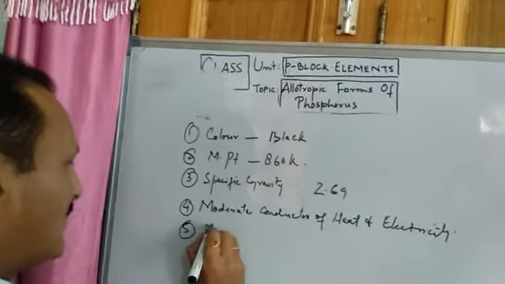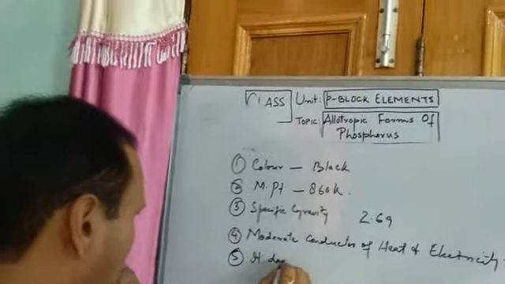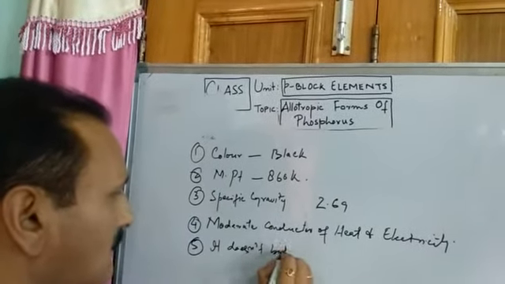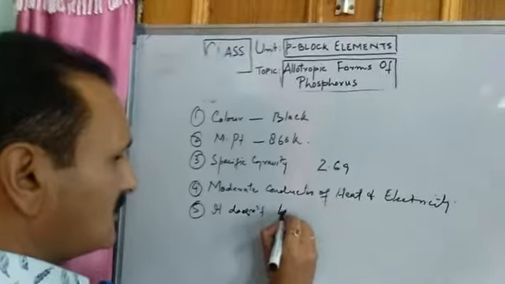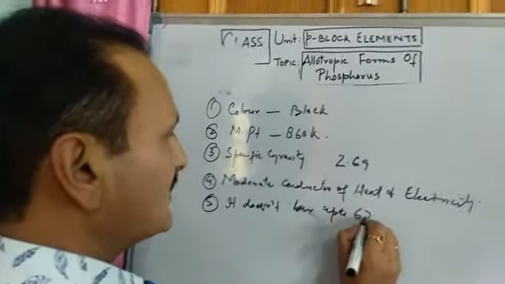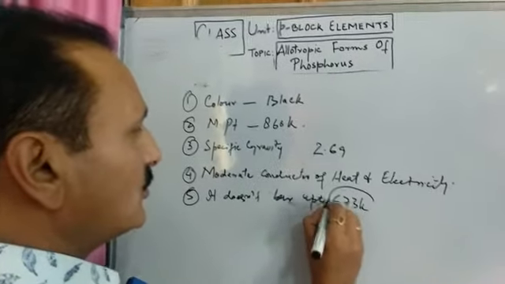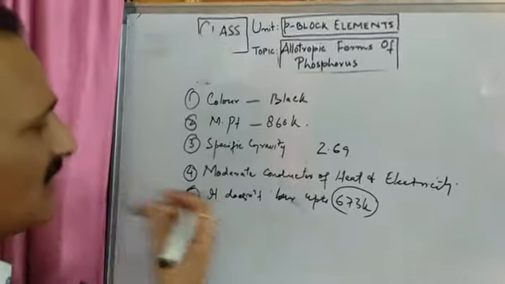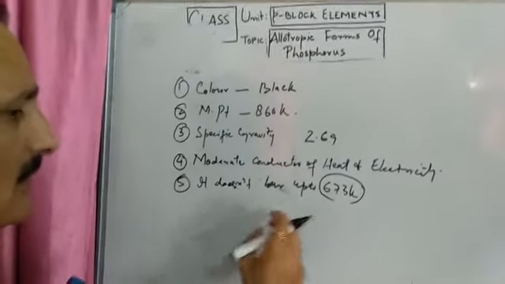It does not burn up to 673 Kelvin. So up to this temperature, black phosphorus does not burn at all.